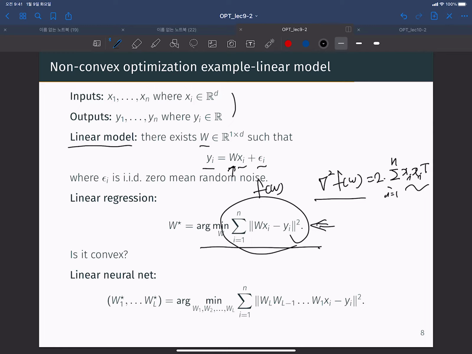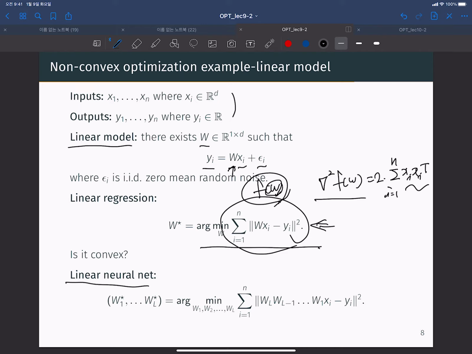Then this is a convex optimization problem. Because this is a convex function with respect to w, the model parameter, using the gradient descent approach, we can converge to the global optimum that describes the input and output pairs very well.